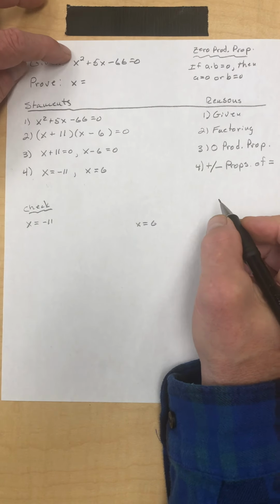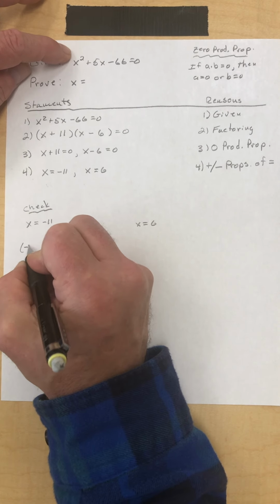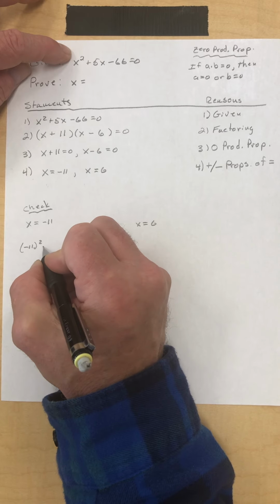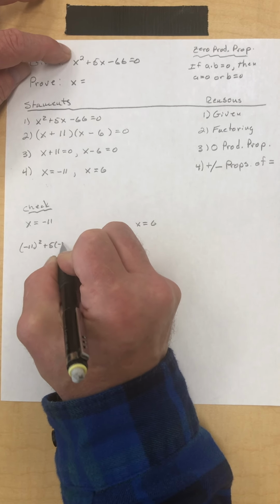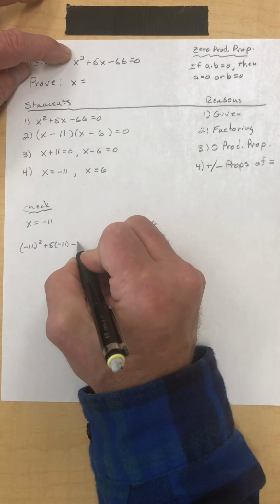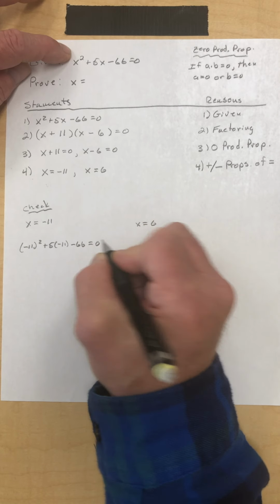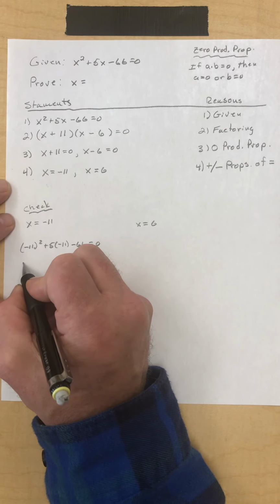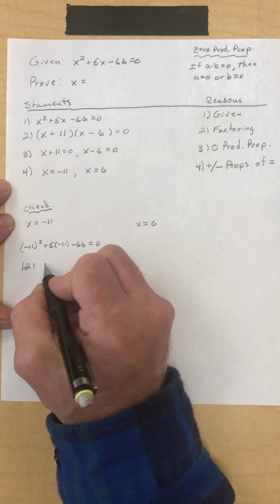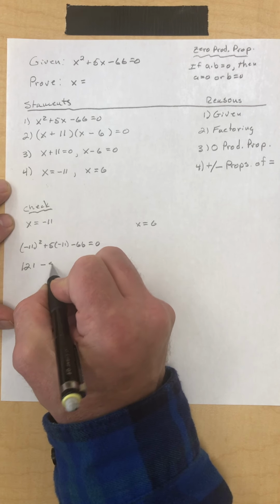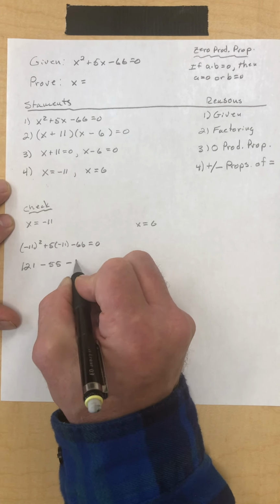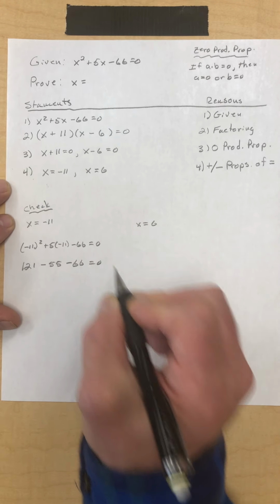Just go back up and substitute. I have negative 11 squared plus 5 times negative 11 minus 66 equals 0. This gives me 121 minus 55 minus 66 equals 0.